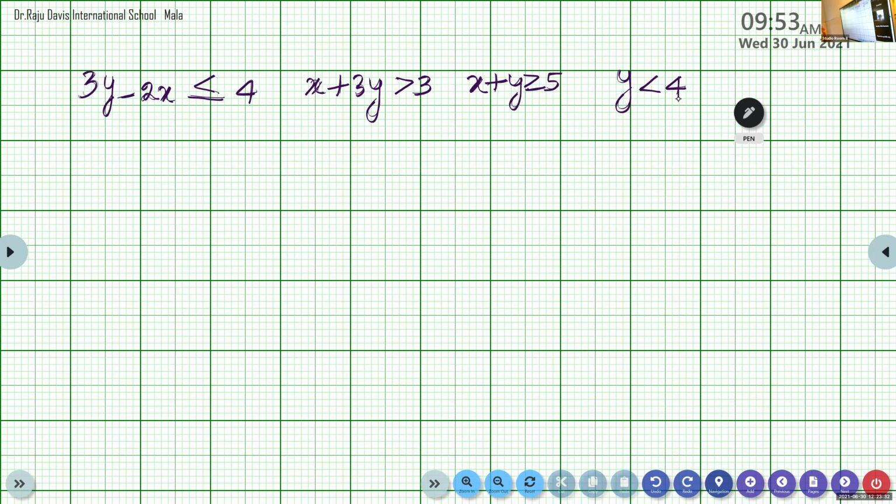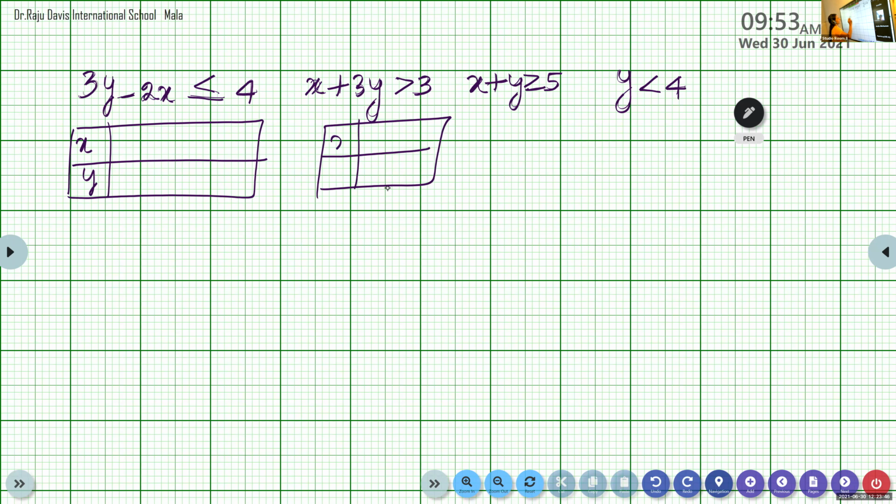First, find the solution set for each one. Consider the equality and find the solution set.